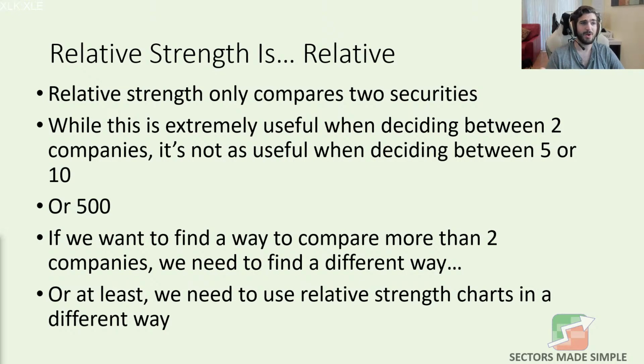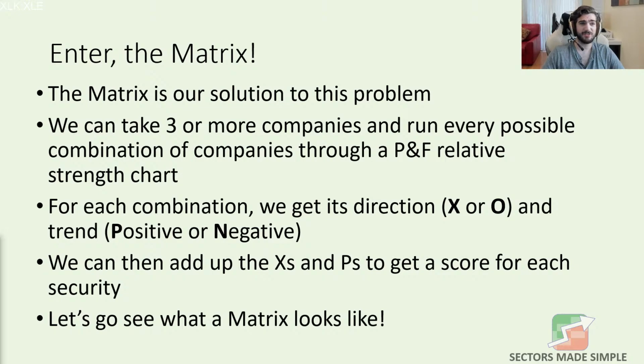So this is where the matrix comes in. This is where we now get into what Sectors Made Simple started off as, the relative strength matrix. The matrix is our solution to the question, how do I compare more than 2 things at once? What you can do is take 3 or more companies and run through every combination that you can get them for.